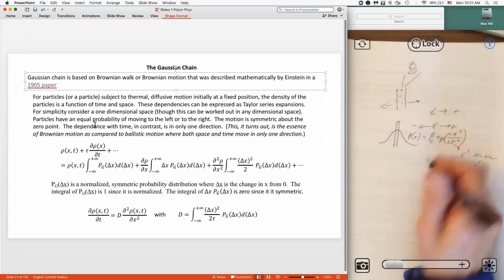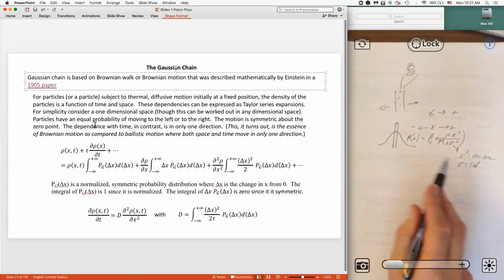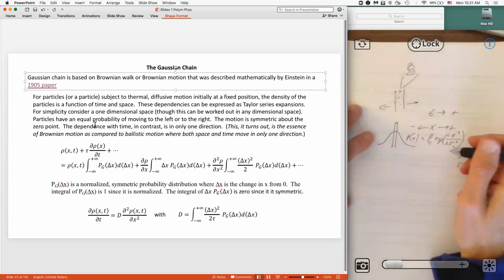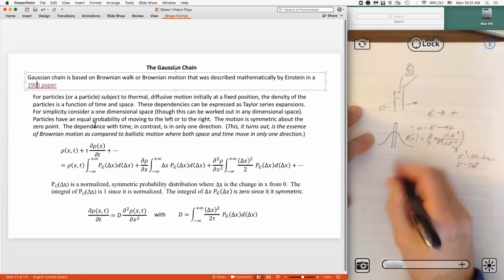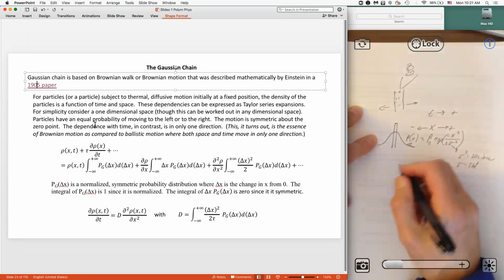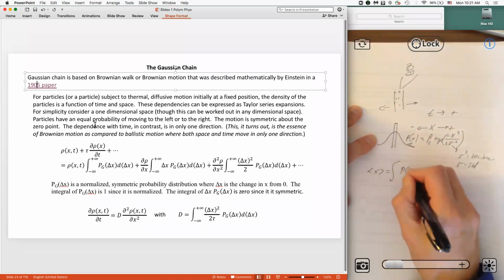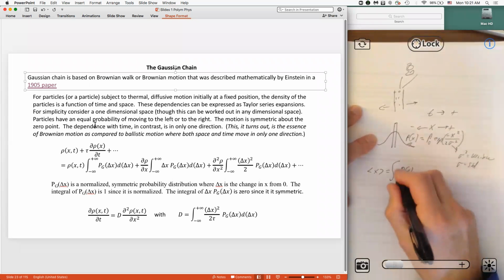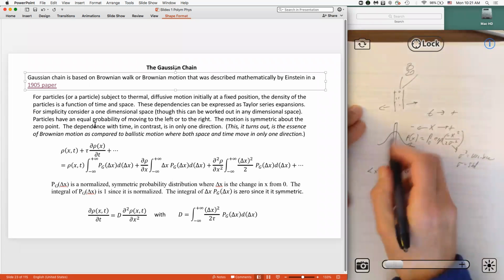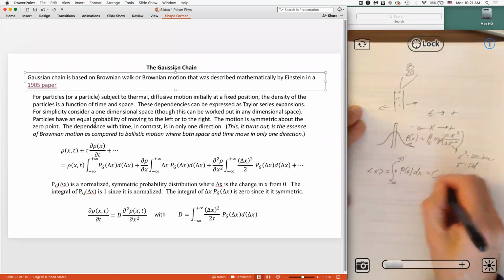That kind of describes diffusion. One way to use a probability function like that is to integrate it. If you want to know the average X, you take the integral of the probability function times X dx from minus infinity to infinity, and since it's symmetric about 0, that gives you 0.